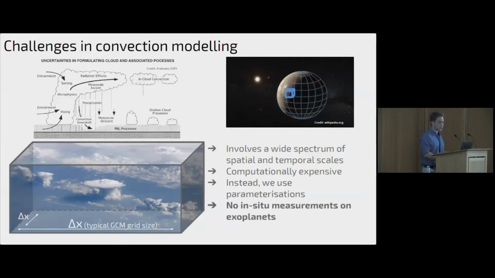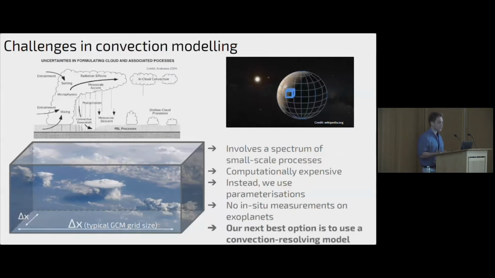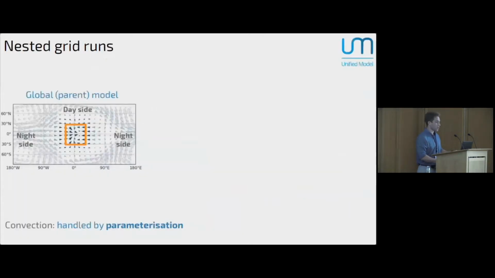But unfortunately, we don't have any in situ measurements on exoplanets, at least not yet. And so our next best option to test these parameterizations is to run a convection-resolving model at a very high resolution, which does not need a parameterization to handle convection. So this is what we can do with the Unified Model.